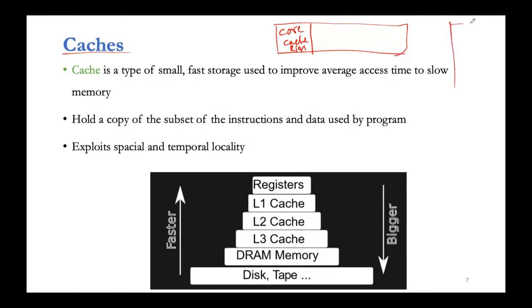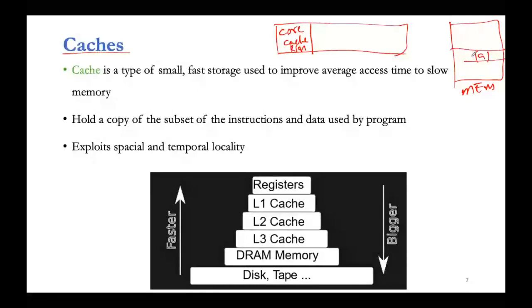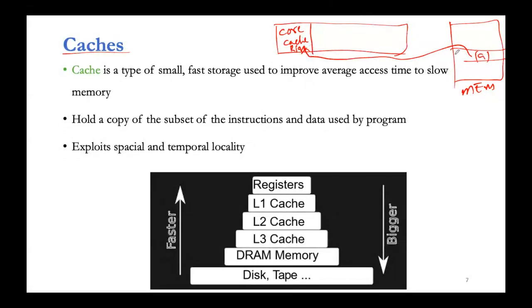So what happens is, a copy of the data which is in main memory is stored in this CPU core. And when it tries to execute, it will first check in the cache, and if the data is available, then that request will not go to memory access. So that time will be saved.